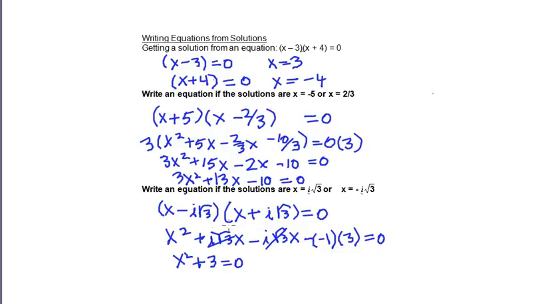Again, that plus and minus sign being opposing produces the conjugate. And that does cause both of the terms in the binomials to be squared, again giving us a real result. So x squared plus 3 equals 0 is the final equation that we obtain from the two solutions that were given, which we sometimes will call roots.